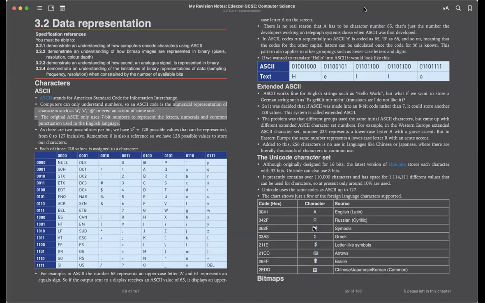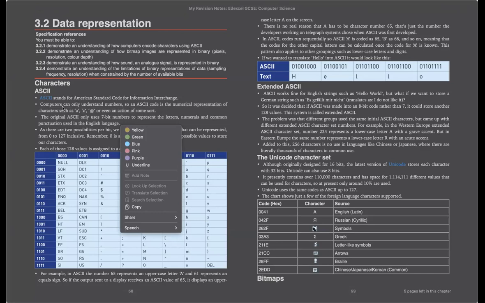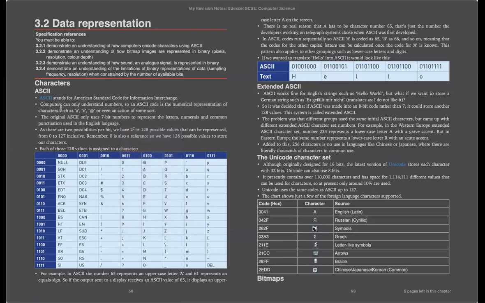ASCII stands for American Standard Code for Information Interchange. It converts our data from denary to hexa, hexa to denary, and so on. Computers can only understand numbers.